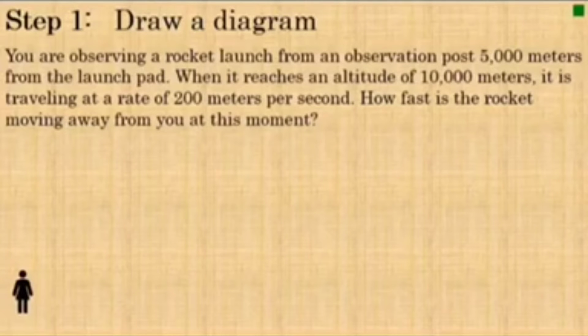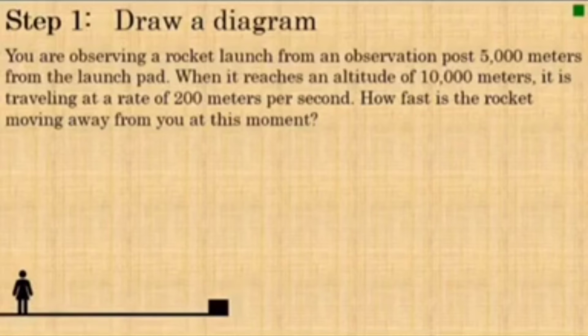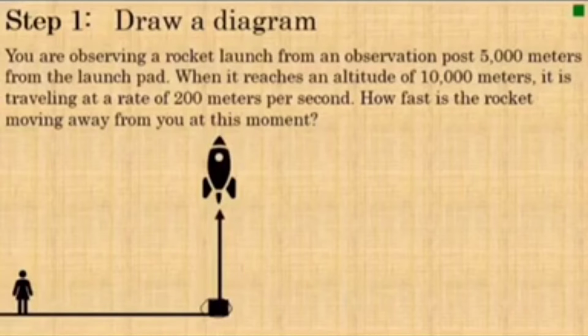So let's say this is you, and this is the launch pad that is away from you, and I draw a square. Also, this is the rocket that's launched from the launch pad, and this dotted line represents the distance between you and the rocket that is moving away.